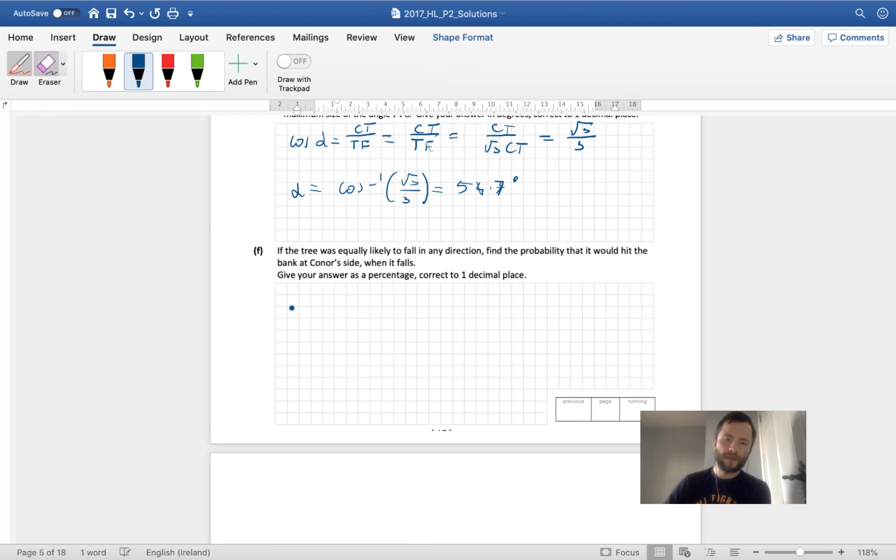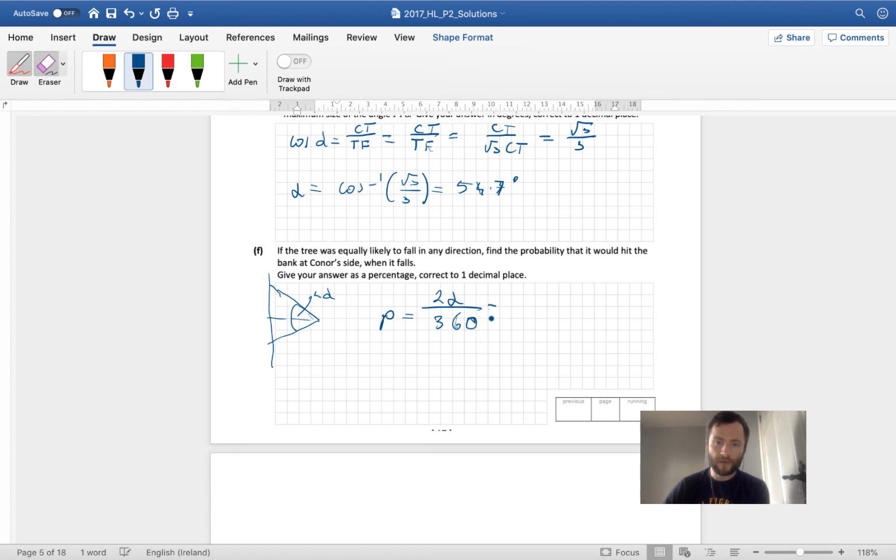So here we need to recognize that the angle that the tree can make when hitting the river on Connor's side is equal to twice my angle alpha. So this is 2 alpha. And the probability will be the value of 2 alpha divided by the value of any possible angle, which is 360 degrees.